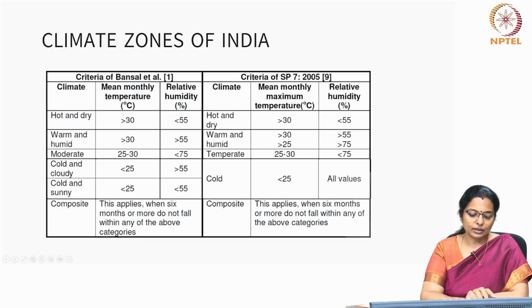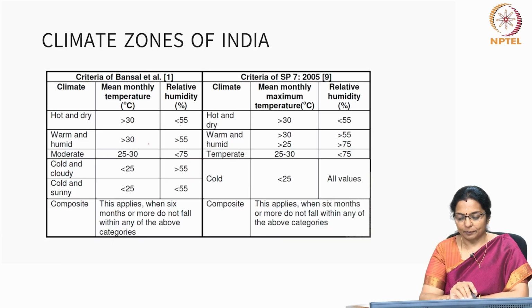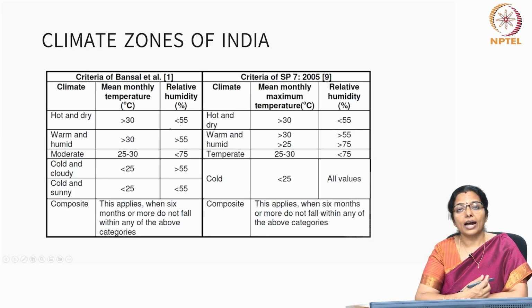According to Bansal, the hot and dry climate has the mean monthly temperature greater than 30 degrees centigrade with a relative humidity of less than 55%. That's the same for SP7 too. For warm humid, the mean monthly temperature is greater than 30 and the relative humidity is also greater than 55, which means it's very hot and humid.